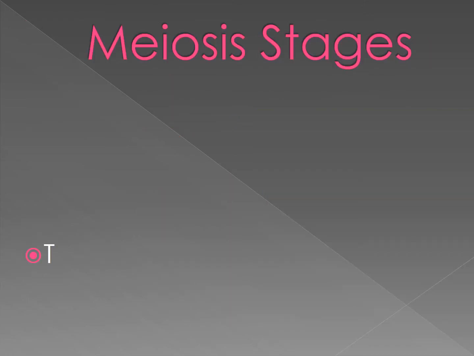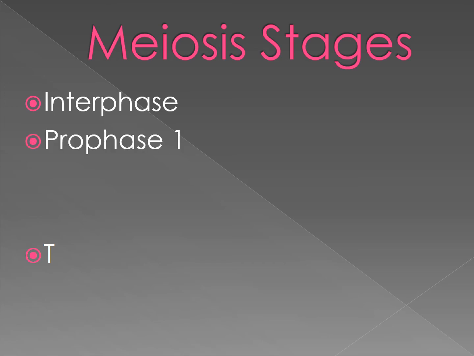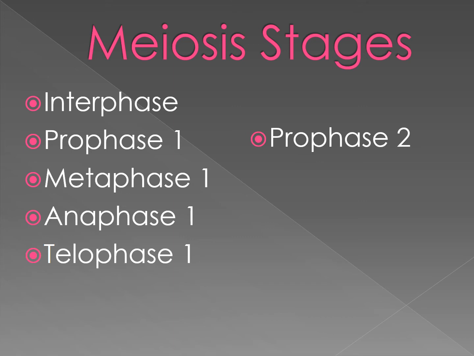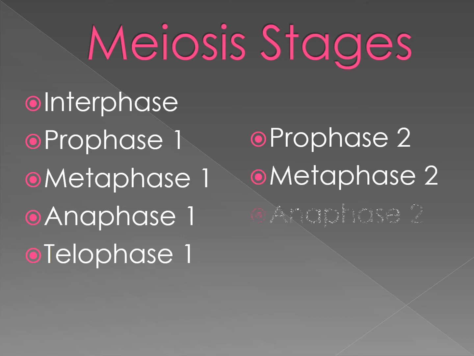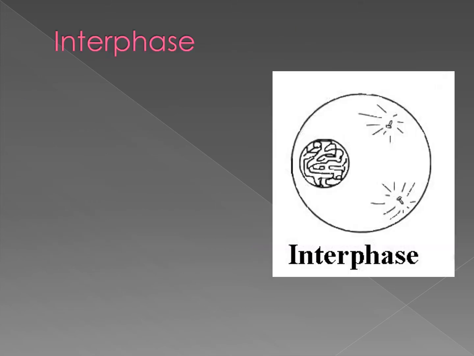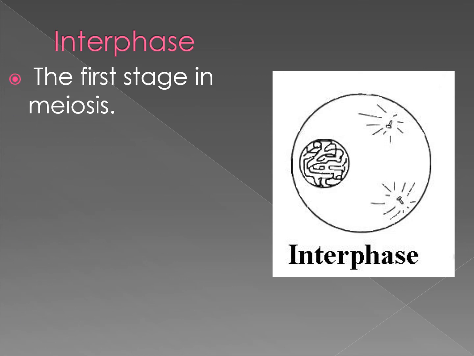So the meiosis stages. Interphase, then we have prophase again, but it is known as prophase 1, metaphase 1, anaphase 1, telophase 1, prophase 2, metaphase 2, anaphase 2, telophase 2, and then cytokinesis. Interphase is the first stage of meiosis.